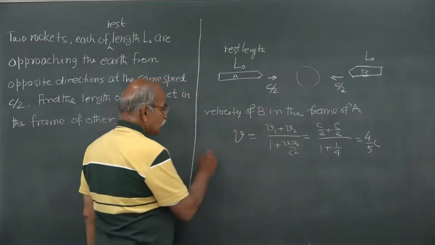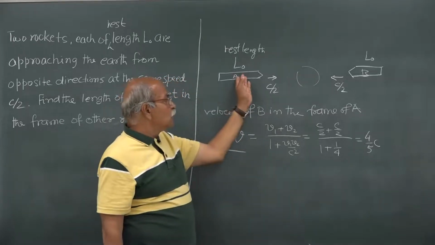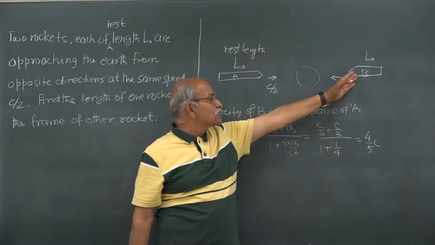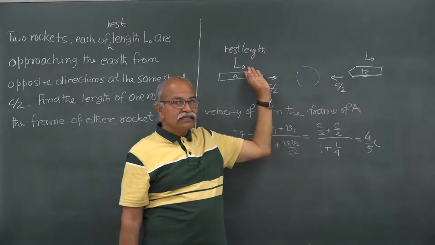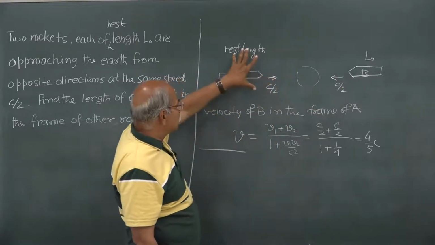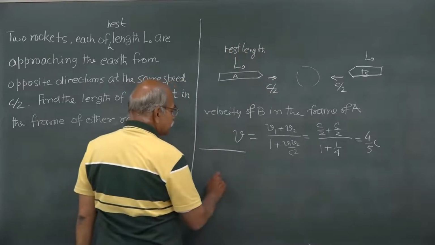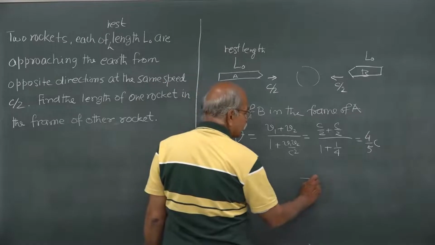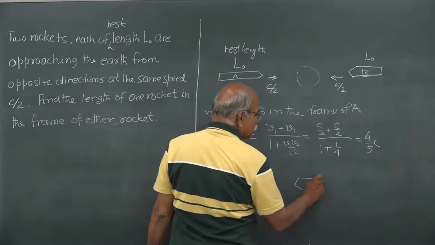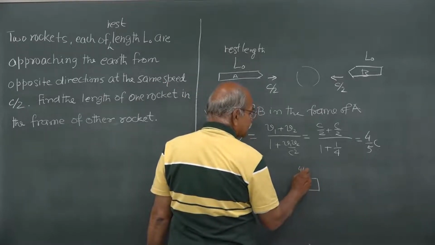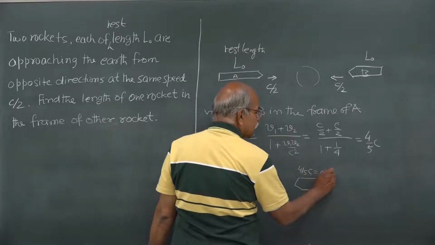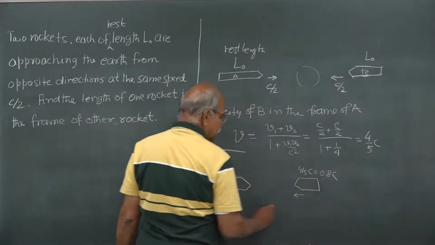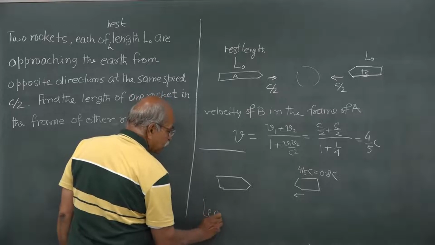Now, you can work out what will be the length of this rocket as measured in this frame, because now we are talking from this frame, and from this rocket frame, the other rocket is moving at a speed 4 by 5 c, that is 0.8 c, it is moving like this, and therefore, the length should be contracted.